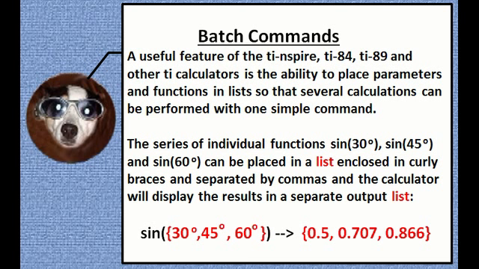The series of individual functions, the sine of 30 degrees, the sine of 45 degrees, and the sine of 60 degrees, can be placed in a list enclosed in curly braces and separated by commas, and the calculator will display the results in a convenient output list as shown in the following example. As shown, the sine of 30 degrees is 0.5, the sine of 45 degrees is 0.707, and the sine of 60 degrees is 0.866.